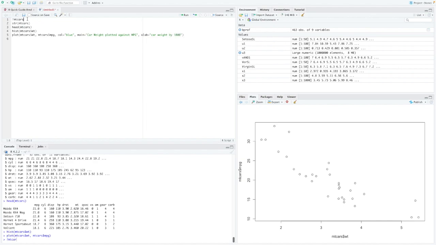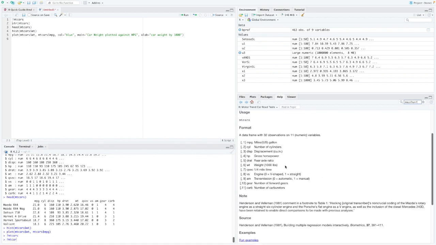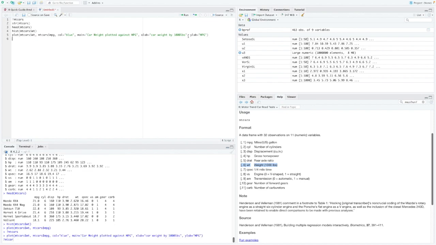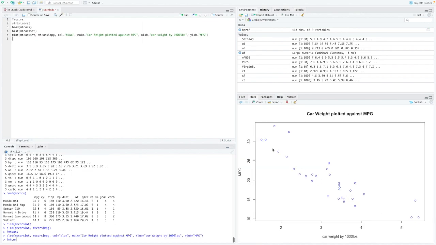That might not be the best way to say it. Car weight by 1,000 pounds. That works. And then my y label could be miles per gallon. Right, so now I have it plotted in blue.